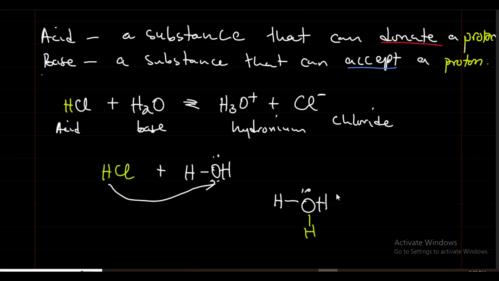A hydrogen proton is a hydrogen atom that does not have electrons, so it only has a vacant shell or vacant orbital whereby electrons can be found.